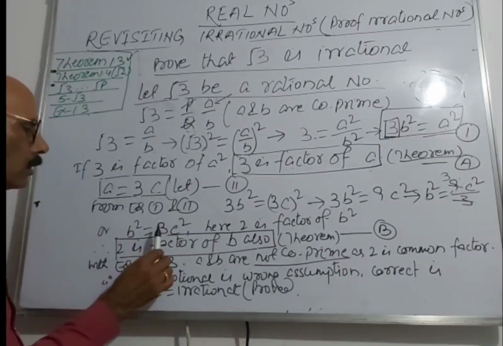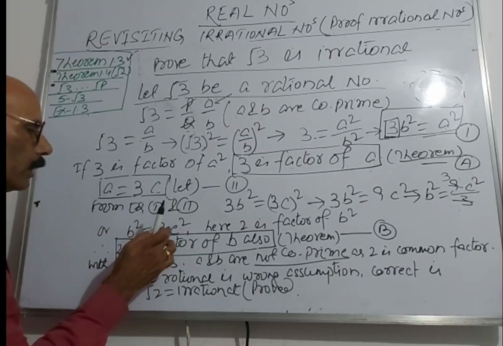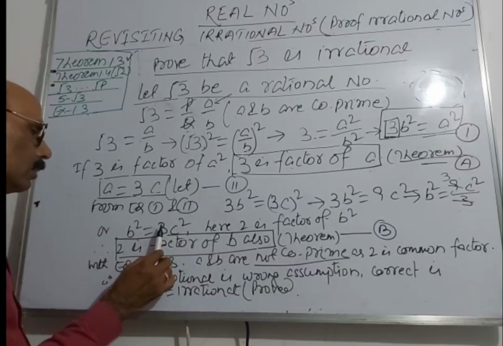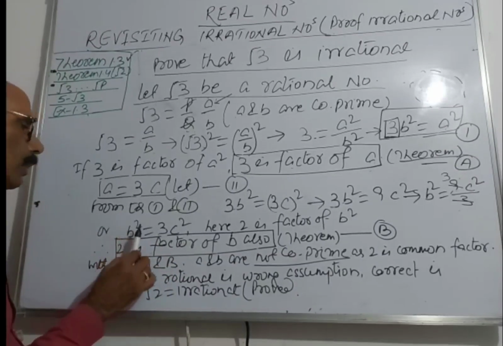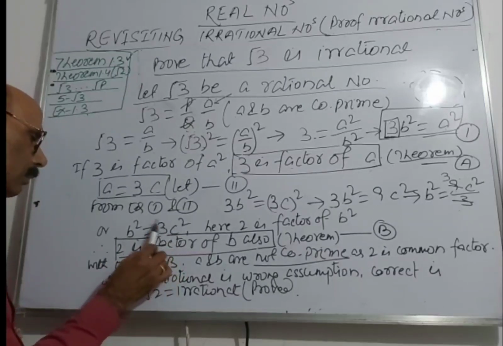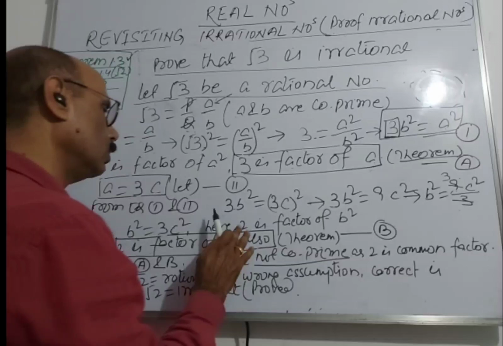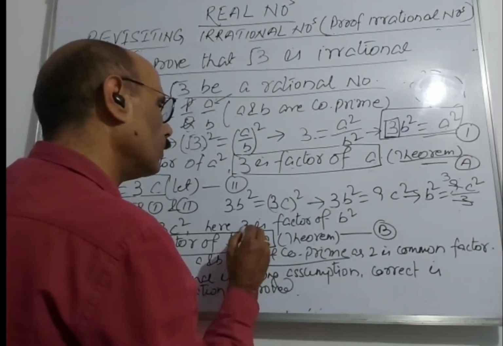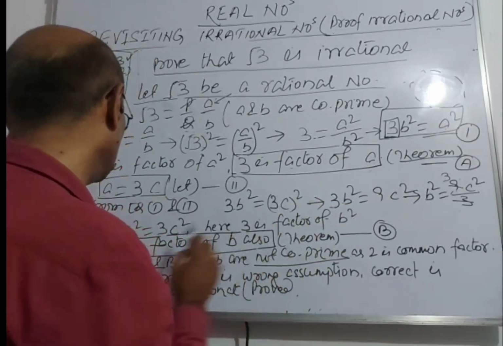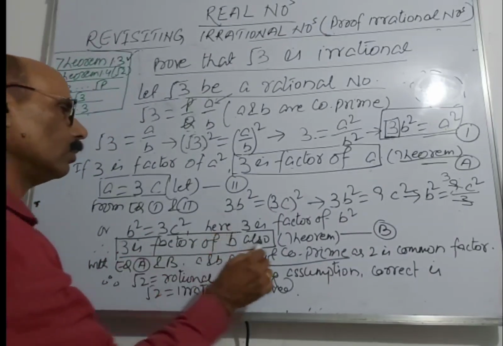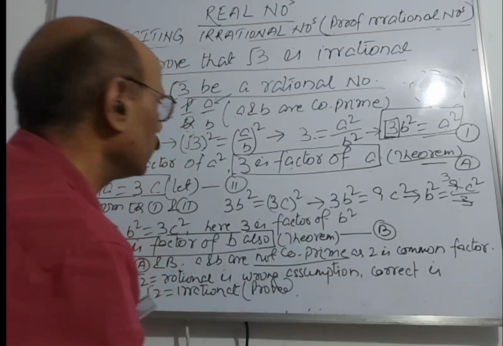Here B square has two factors, 3 and C square. So 3 is a factor of B square, and this has to be a factor of B also. So 3 is a factor of B also, equation 2.